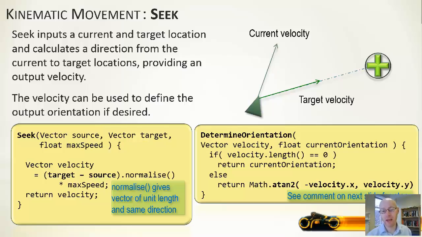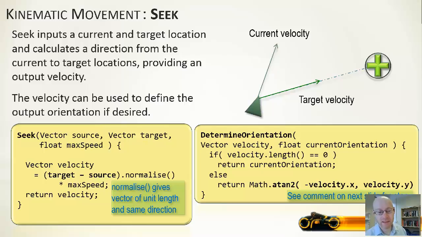And there's a small check there: if the length of the velocity, which is basically your speed, is equal to 0, so if you're not moving, you return the current orientation, you don't try to change. That's just a safeguard in case we were to call this with 0 speed, which doesn't have any defined orientation due to movement.